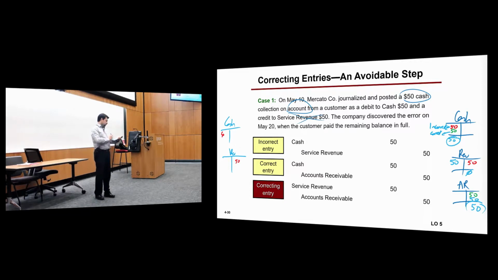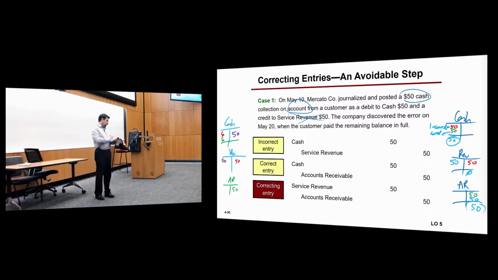So to reverse it, we simply, I'll use purple here, we credit and we debit. Now we need to enter the correct one. What's the correct one? The correct one is supposed to be a debit to cash and a credit to accounts receivable. Right? Now let's do the balances. What's the balance for this one?